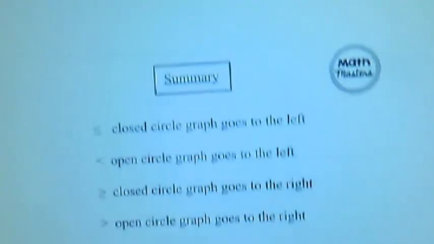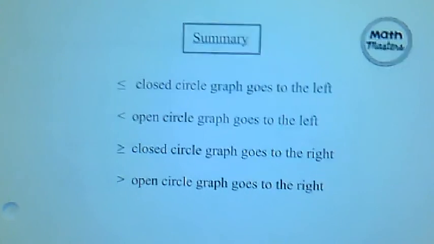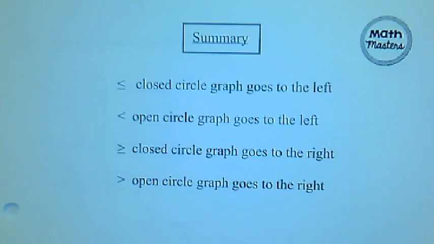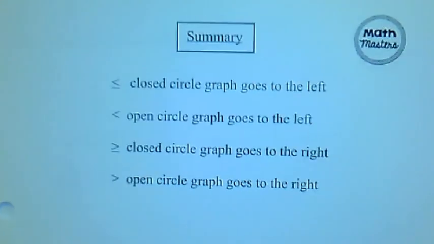Less than or equal to is a closed circle, goes to the left. Less than is an open circle, goes to the left. Greater than or equal to is a closed circle, goes to the right. And greater than is an open circle and goes to the right. If you flip your page, that is on the next page.